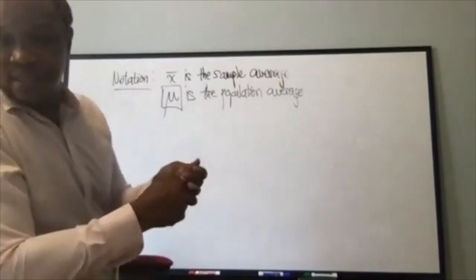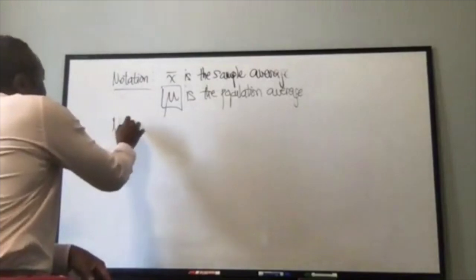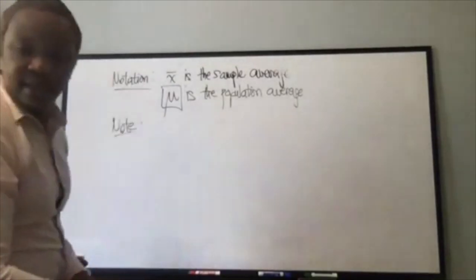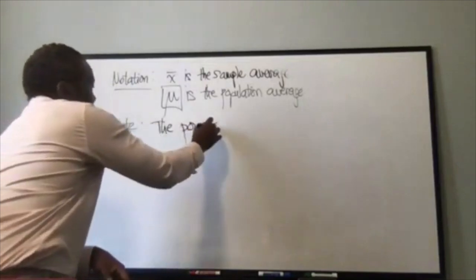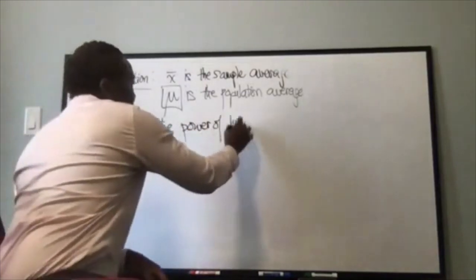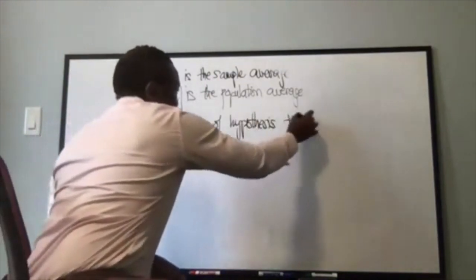And so why don't we write this? I want to make sure we go slow. Let's say note. Let's say the power of hypothesis testing. Kind of summarize what I just said.